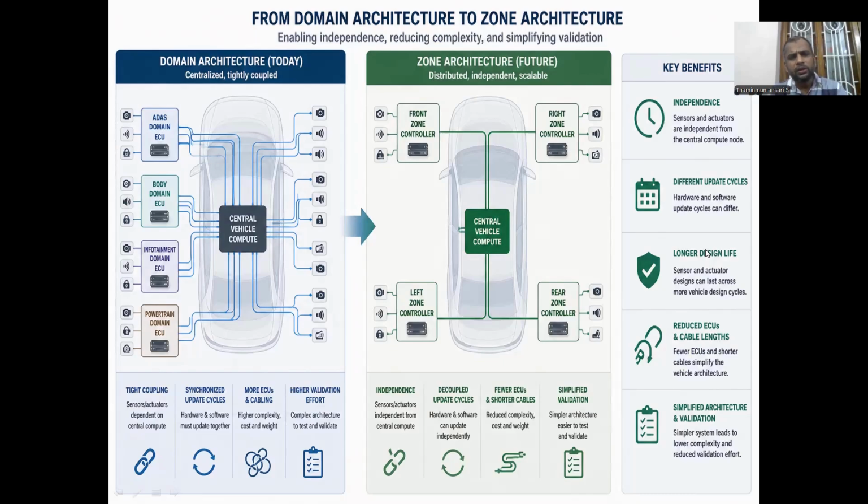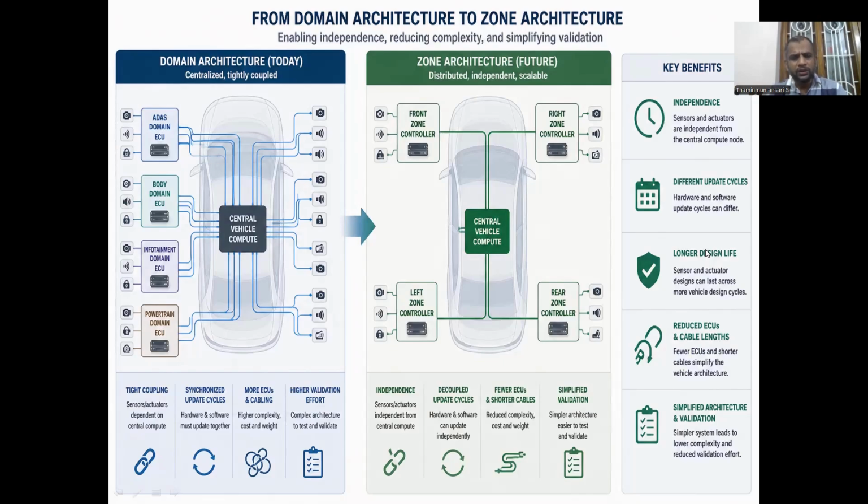The domain controller will communicate to a central vehicle compute unit, which is a high speed computer, that gets inputs from these controllers in terms of data. Then it activates the respective actuators and control units for the system. That is what a domain controller does.